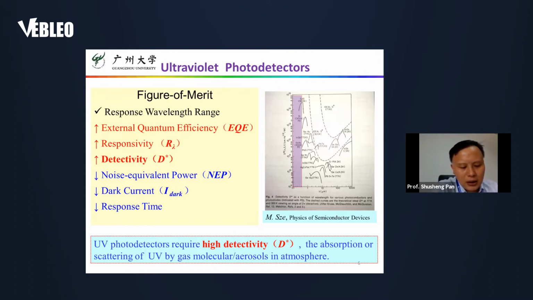However, current UV photodetectors still lack high detectivity. In fact, UV photodetectors require high detectivity because of the absorption or scattering of UV light by gas molecules and aerosol in the atmosphere.